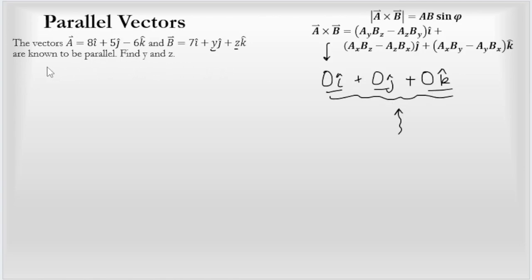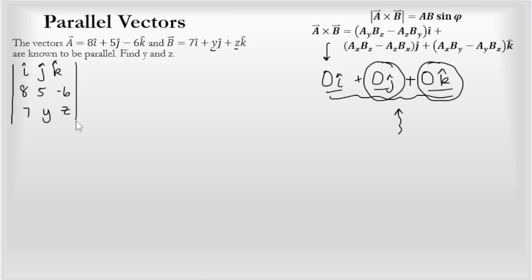Okay, so let's do the cross product. In order to set things equal to 0, I actually have to do the cross product. So I'm going to write these out. Let me write out the 3 by 3 determinant here: i, j, k, then 8, 5, negative 6, and 7, Y, Z. So the cross product is the determinant of this matrix.